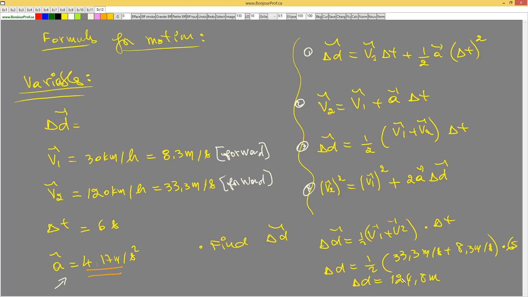I did respect the number of digits, so I'm going to take 125 meters, and forward, because the displacement is a vector. So we have to give the direction. Okay. And we're going to continue in other exercises. Good. Perfect.